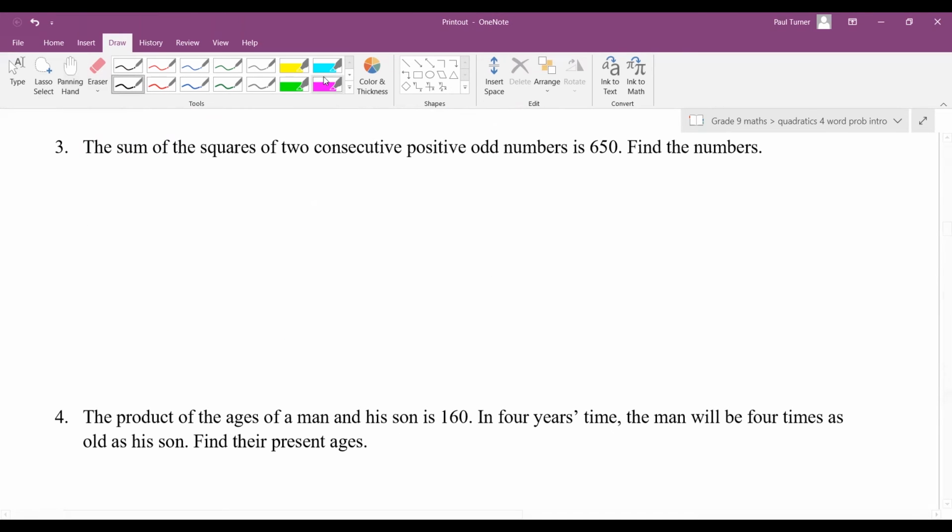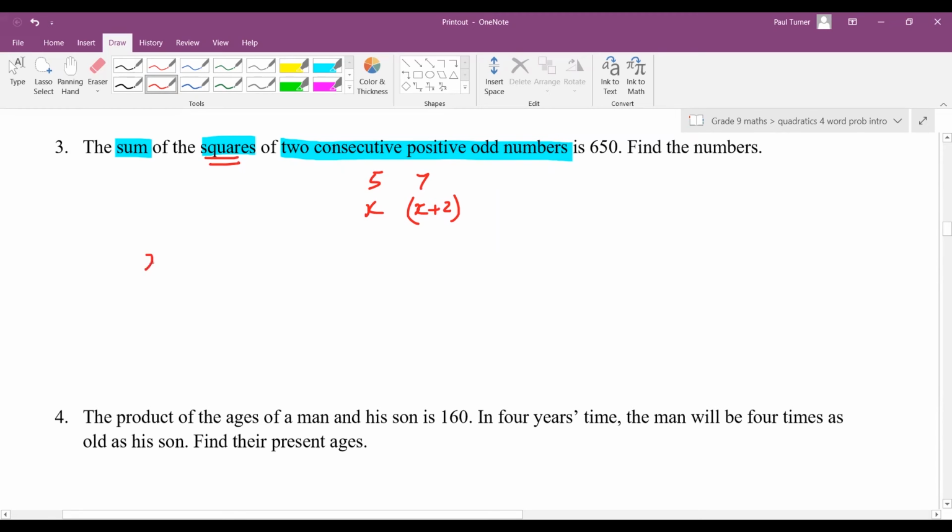So for question 3, let's look at the keywords. The sum of the squares of 2 consecutive positive odd numbers. So again, for odd numbers, for example, 5 and 7. The first odd number can be x. The second odd number can be x plus 2. Just think of it like that. But here we've got the sum of the squares, so we need to square these numbers.